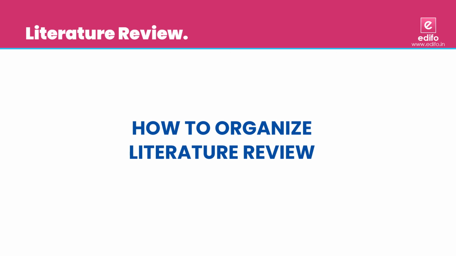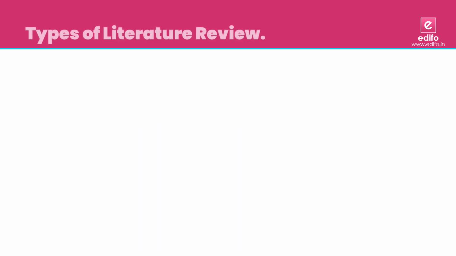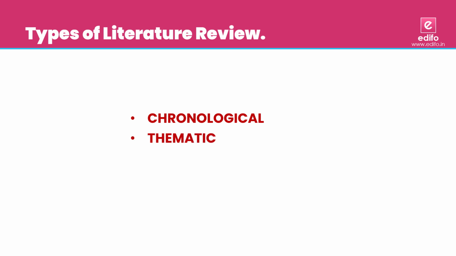Now, let us check different methods of arranging your literature. Commonly, there are 3 methods you can follow for arranging your literature in your research. They are chronological arrangement, the second one thematic arrangement, and the third one methodological arrangement.